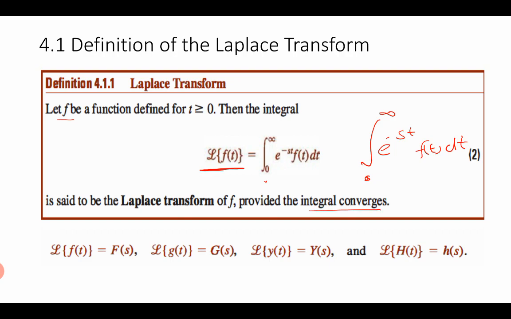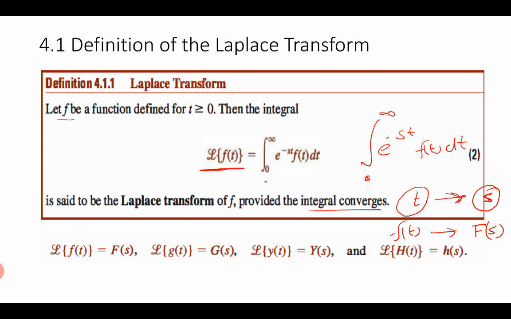If this integral converges, we can find its Laplace transform. What is actually happening here is you are converting a function from its time domain to the frequency domain. Here the function is a function of the variable t, the time domain. The output of the Laplace transform will be a function of s in the frequency domain, as we call it in engineering. So f of t can be transformed to capital F of s.